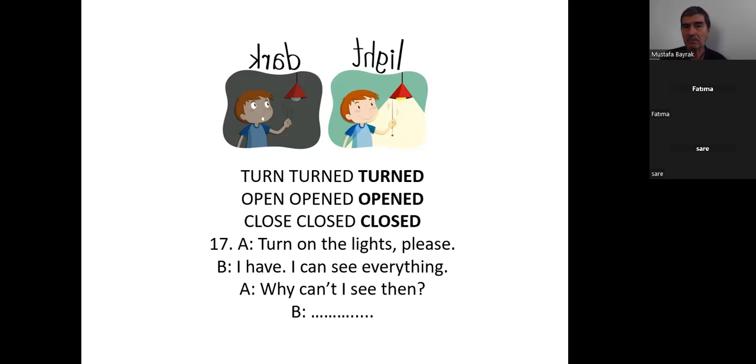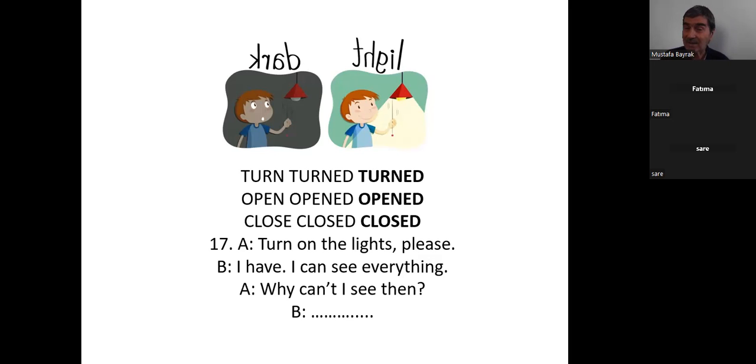Dialogue 17. Turn on the lights, please. A says to B, turn on the lights, please. I have. For example, this morning I told my grandkid, be careful while riding a bike. I told him, be careful. She said, I will. Turn on the lights, please.